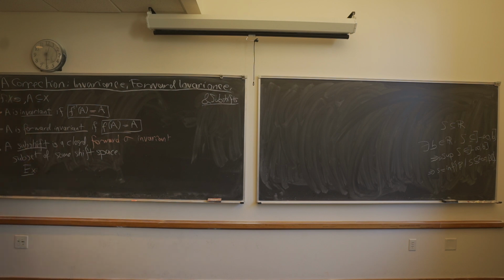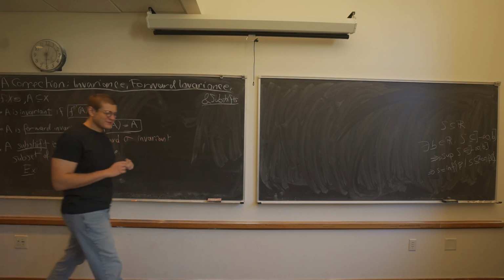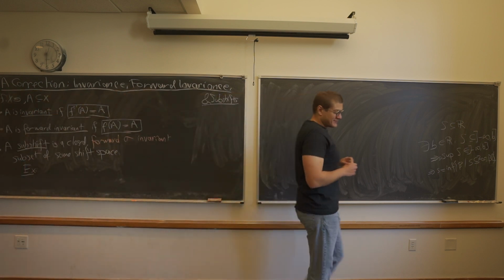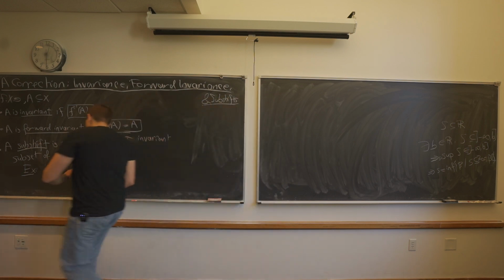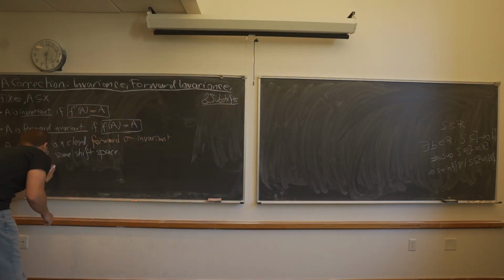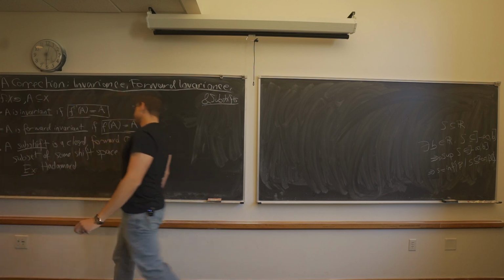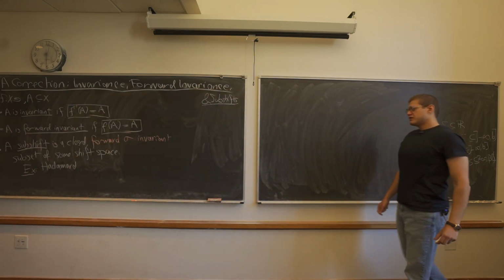First of all, I want the Hadamard example to be a subshift of finite type. Recall that the Hadamard example was the following.